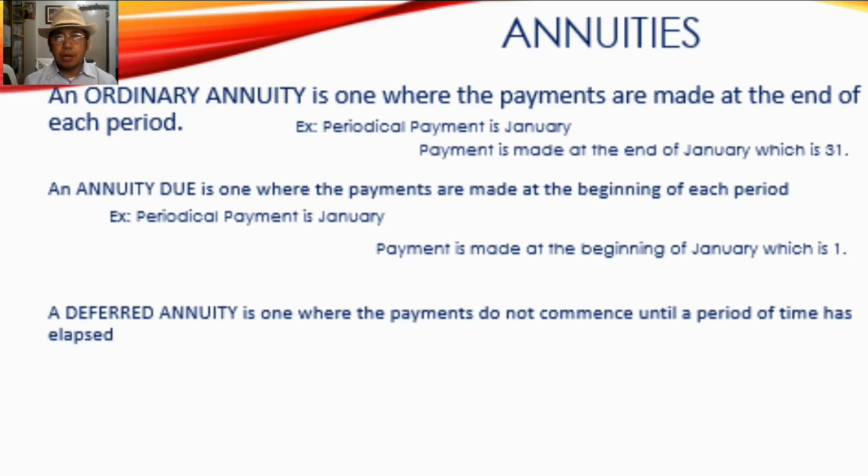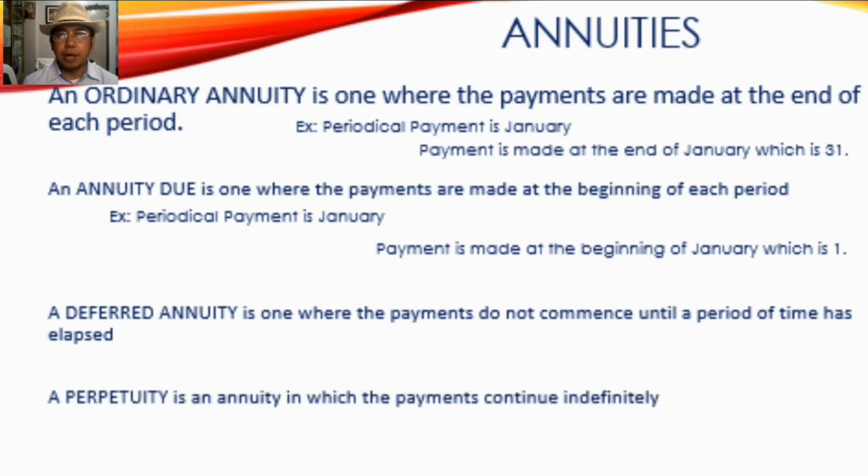But in the deferred annuity, the payment waits until the given condition has occurred. That's the time you're going to pay the annuity, meaning to say deferred. The payment is still deferred until such time that the lender will say, okay, you start paying now your loan or your investment. Okay, so that is deferred annuity.